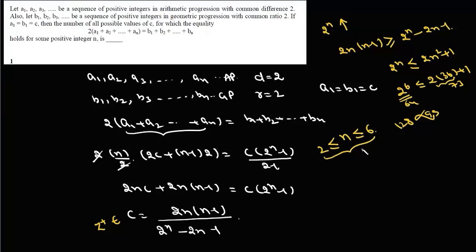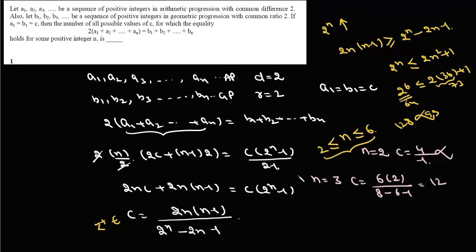Now if we put n as 2, we will get c as 4 upon 4 minus 1. We do not need a negative value. If we put n as 3, we will get c as 6 into 2, and this is 2 to the power 3, 8, minus 6, minus 1, and that will be 12.